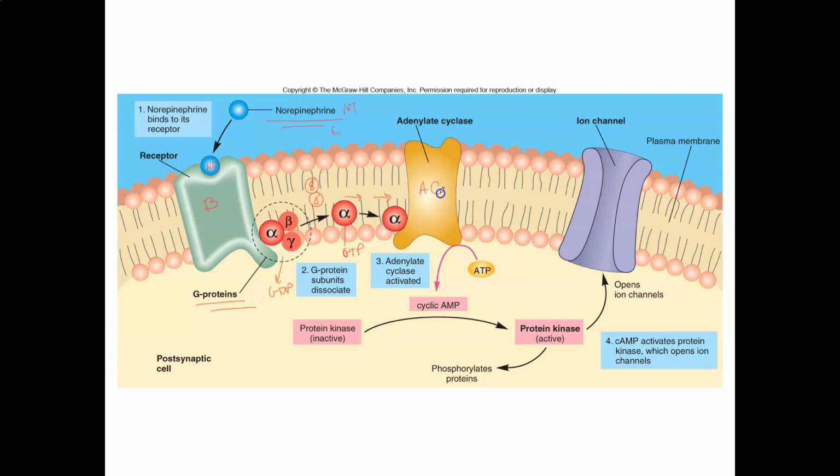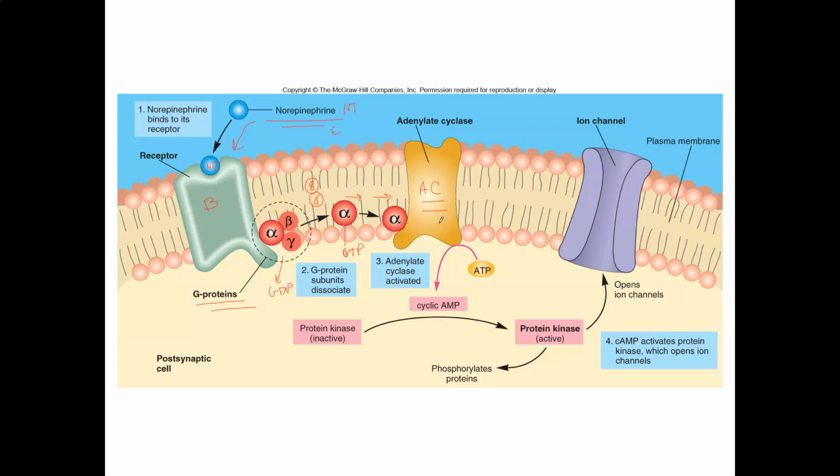This is the adenylate cyclase enzyme in the plasma membrane. So what we have so far is norepinephrine gets released. It interacts with a beta receptor. It activates the G protein. And then we have the active subunit that's moving through the membrane and activating the enzyme adenylate cyclase.